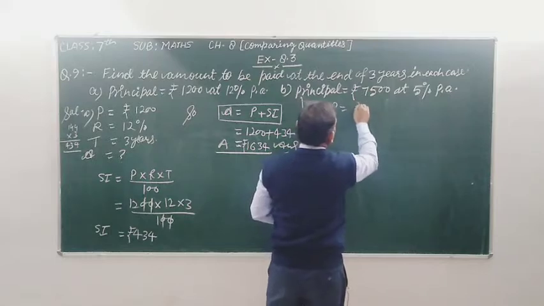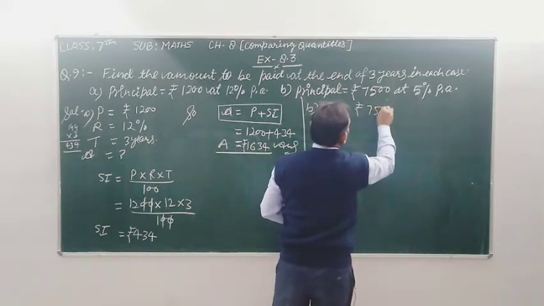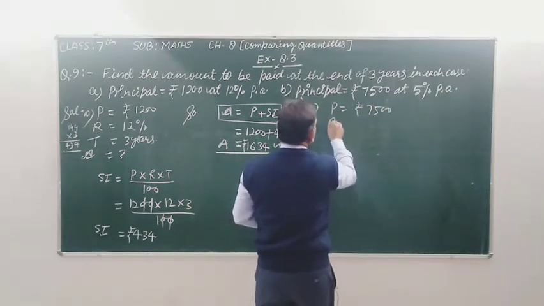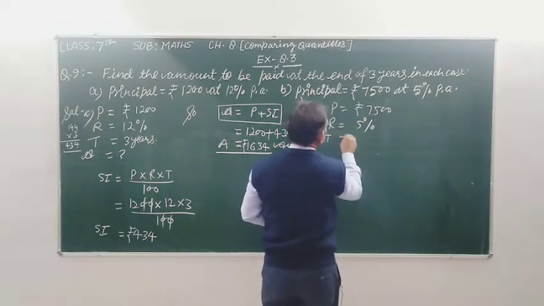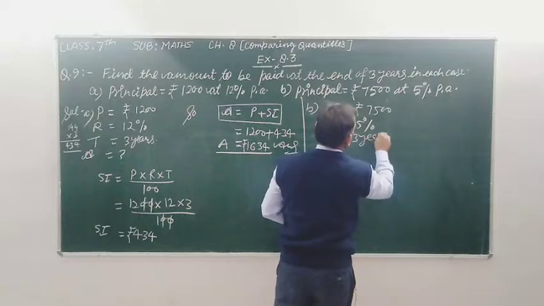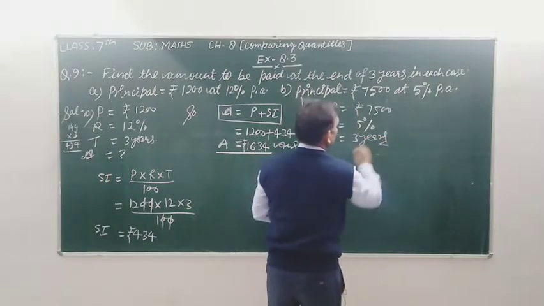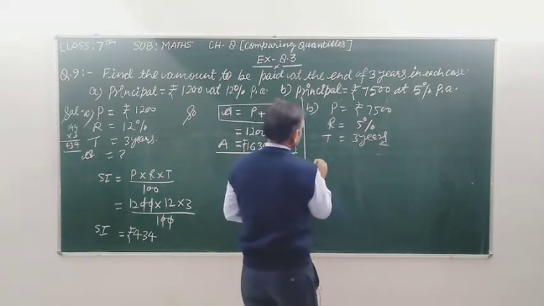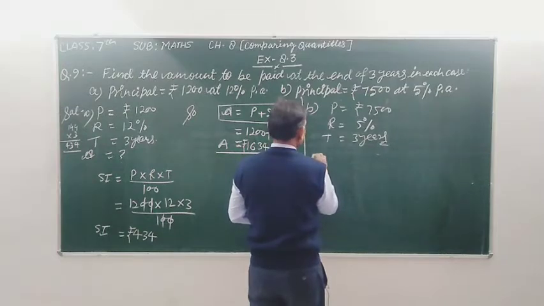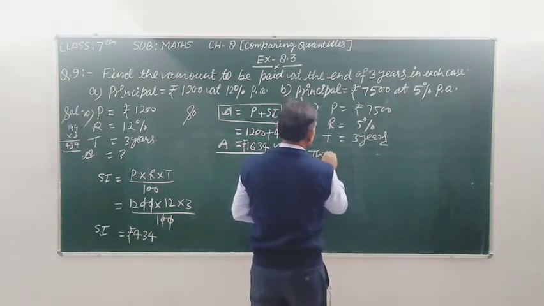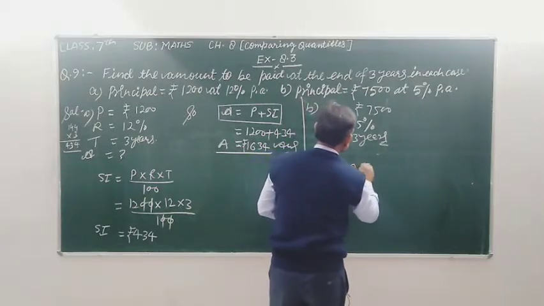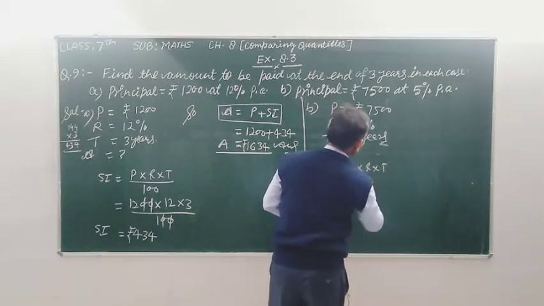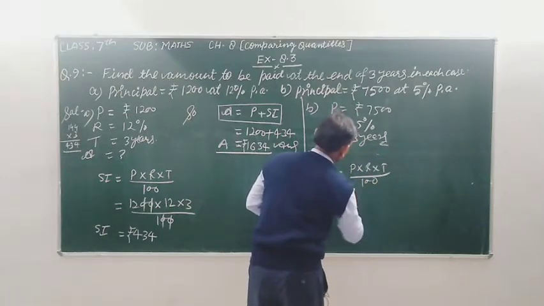P is equal to rupees 7500 and R is equal to 5% and time is equal to 3 years. 3 years student. So firstly, SI is equal to P into R into T upon 100.